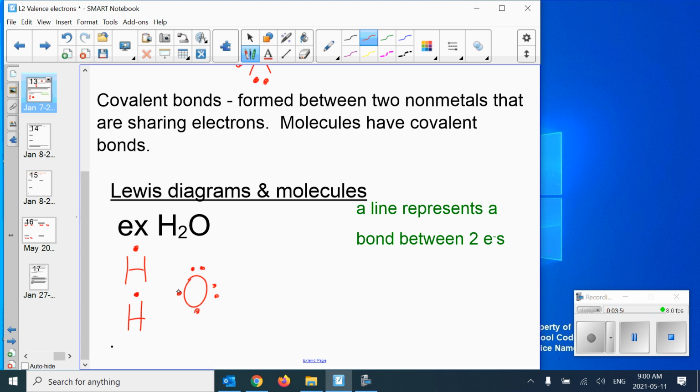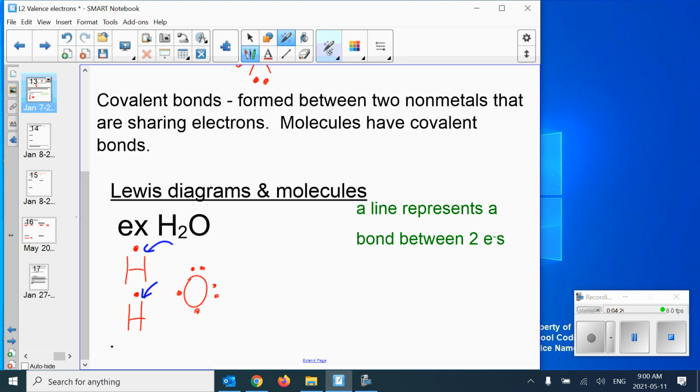Now, what's important is that oxygen has 2 spots with loners. Those are where the bonds are. Hydrogen, because it's from the first row, only wants 1 additional electron to make a pair. So this works perfectly.